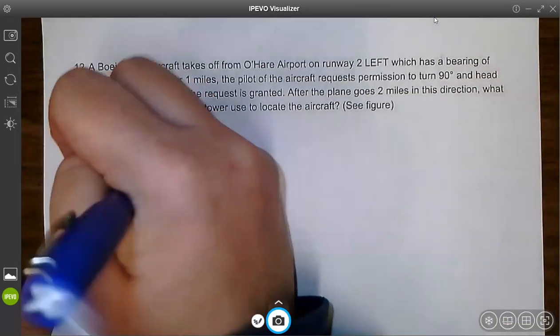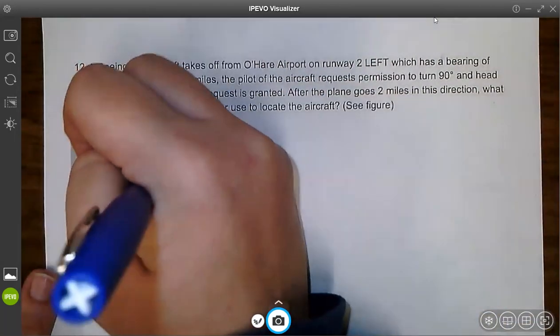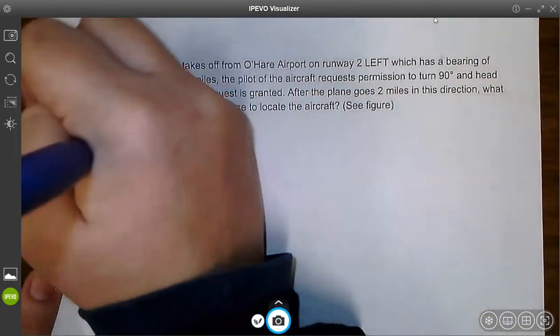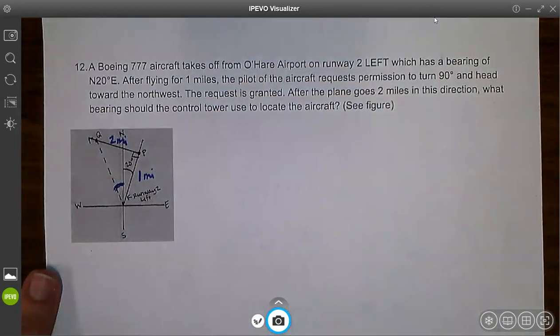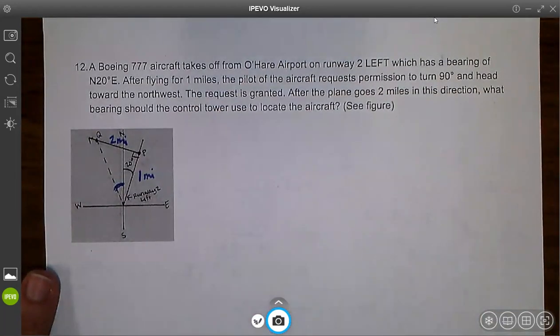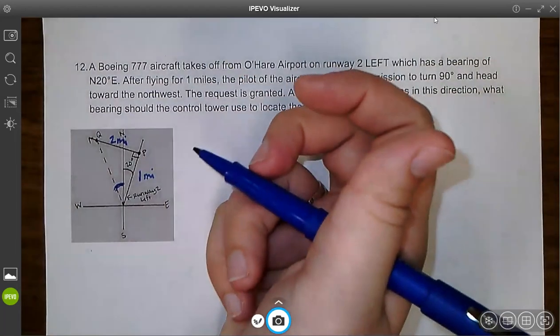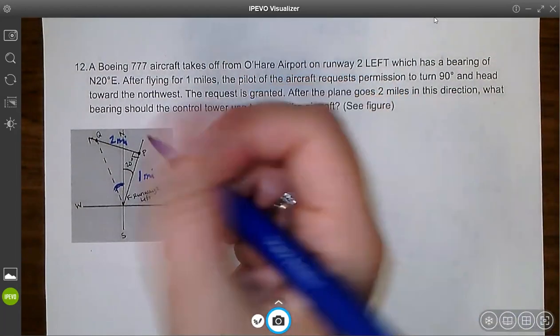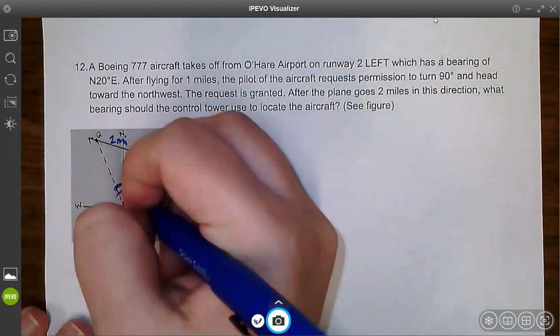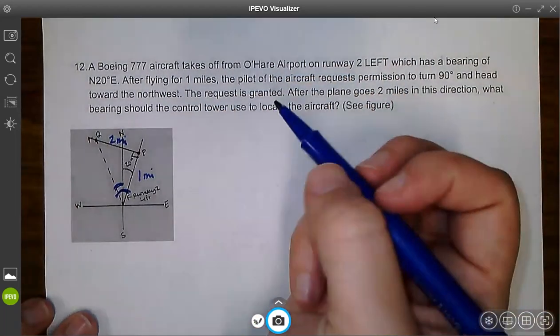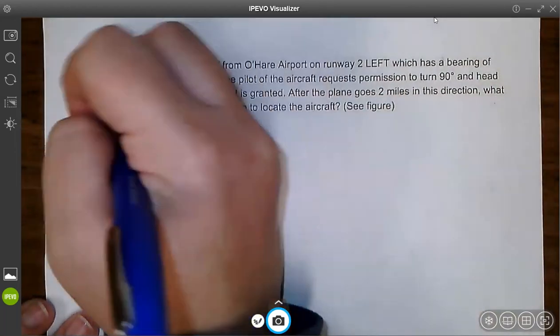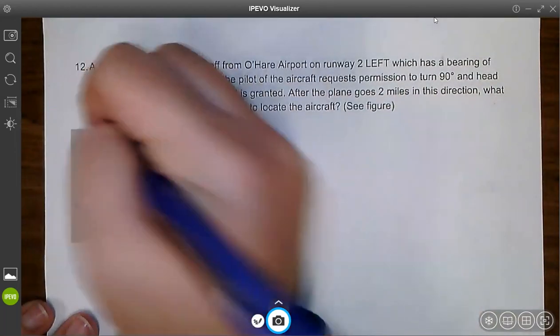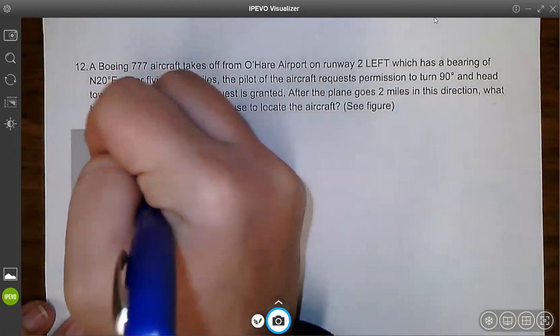So this is 1 mile. Then we turned 90 degrees and went for 2 miles, is what it said. So we can set this up in a couple different ways. I am going to find this whole angle here using, I have my opposite here because this is my right angle, and I have my adjacent here.